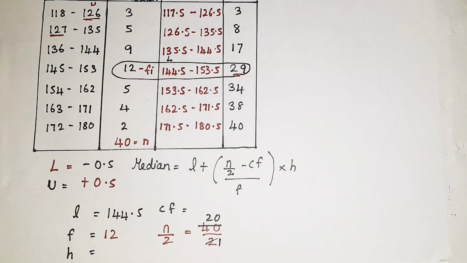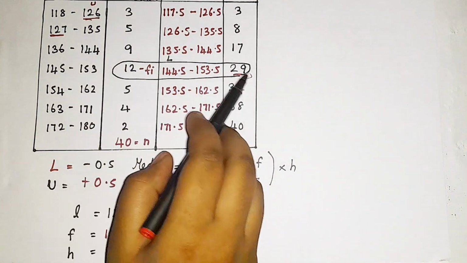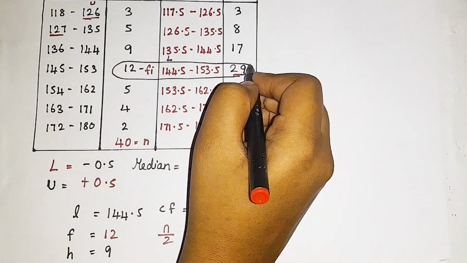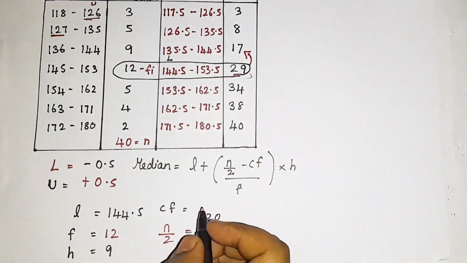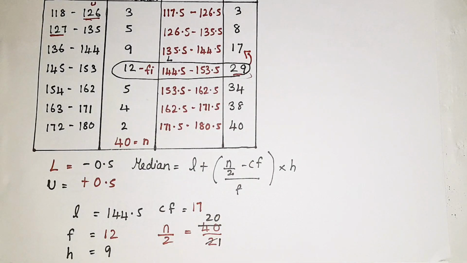Upper limit minus lower limit. So upper limit minus lower limit is 9. Okay, so let us write 9 here. Okay, so now we are supposed to find the cumulative frequency. So here I just told you guys, whenever we just mark something like this, the previous number is going to be our cumulative frequency. So the previous number is 17, so that is our cumulative frequency.